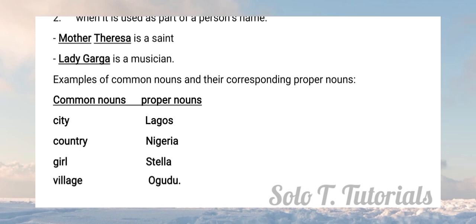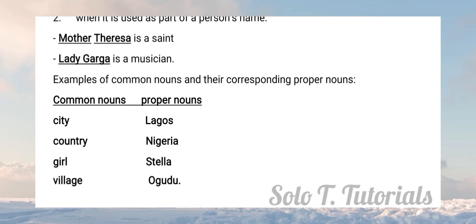So the explanation you should get here is that when you mention a proper noun, somebody will know that yes, you are actually referring to this specific thing or this specific person or this specific place. Like in the case of Lagos, once you mention a city, Lagos, somebody will know that you are referring to a certain city in Nigeria.